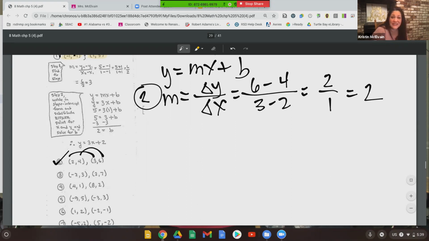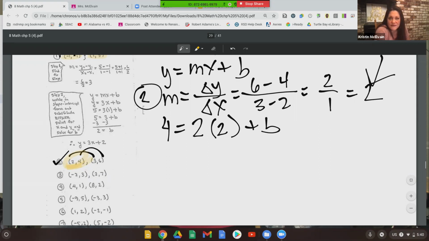Then we can pick either one of our points, either 2, 4, or 3, 6. I'm just going to pick the first one. So 4 is my y. Y equals, here's my m right here, 2 times my x, plus b.